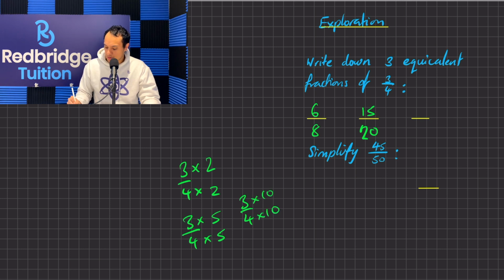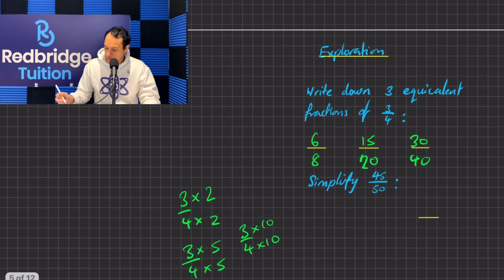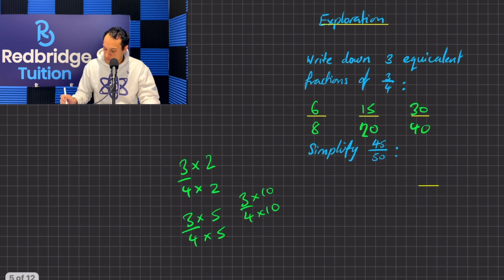Okay, so 3 times 10 is 30, and 4 times 10 is 40. So those are our 3 answers here. So we've got 6 over 8, 15 over 20, and 30 over 40. And they're all equivalent fractions of 3/4.